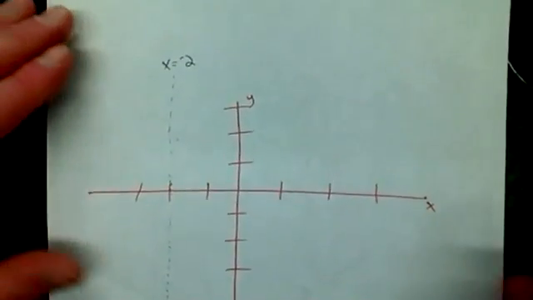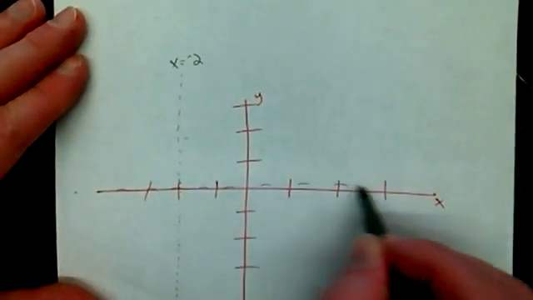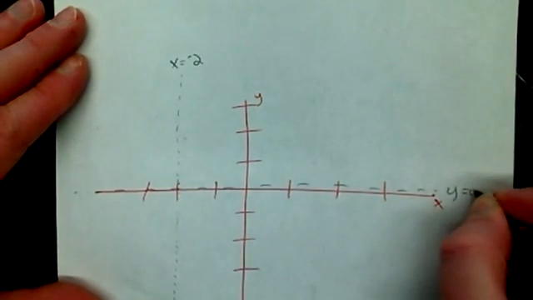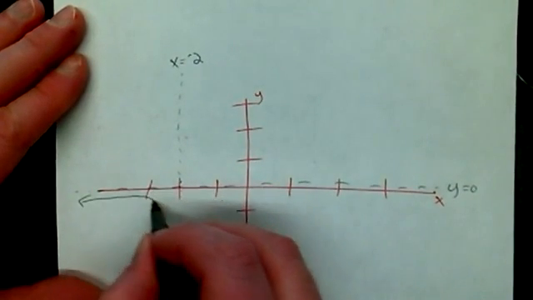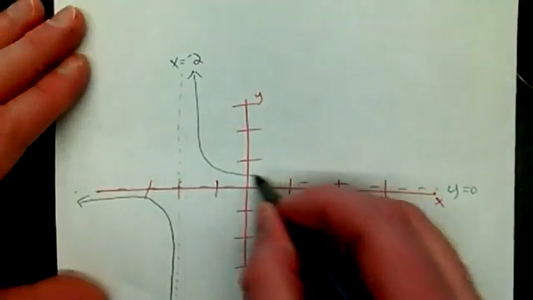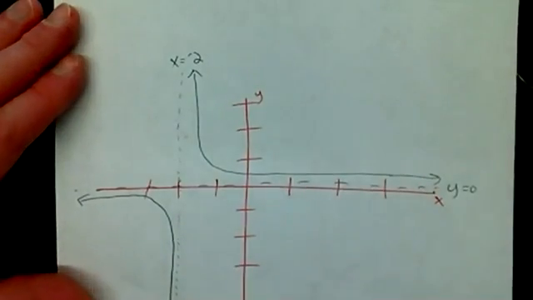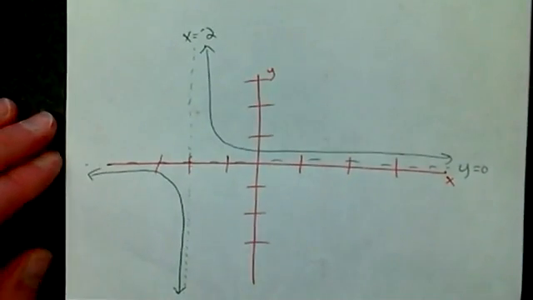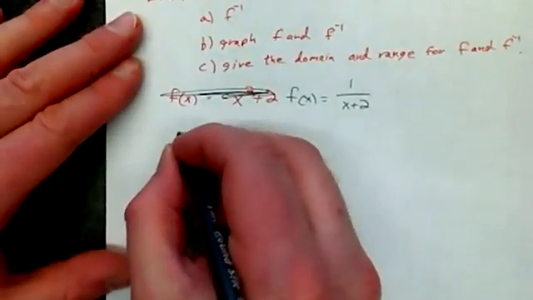And remember, it resembles f of x equals 1 over x. So it has that horizontal asymptote of y equals 0, and it looks like this. So that is my original function. Now, it'll probably get a little messy when I put the other one on here, but just bear with me. So first of all, let's find f inverse.